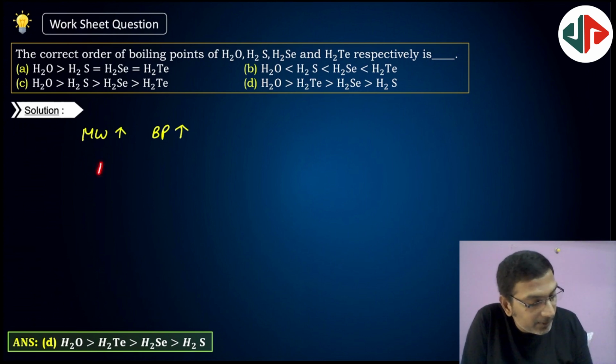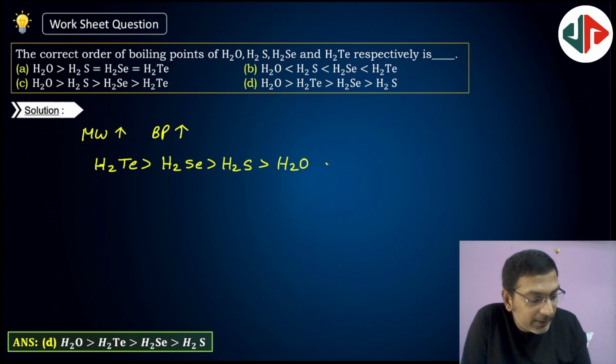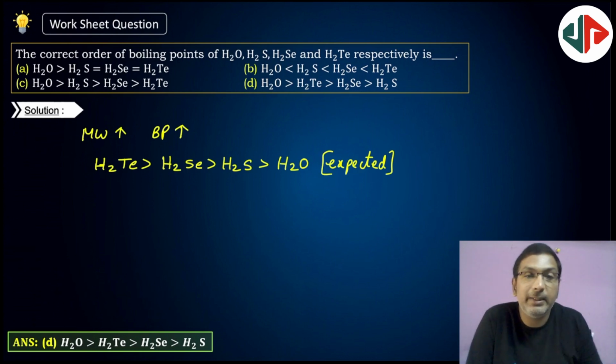So, therefore, the order should be like this: H2Te, H2Se, H2S and H2O. This order is expected according to molecular weight. Molecular weight decreases in this order. Therefore, boiling point decreases in this order. So, H2Te will have the highest boiling point.